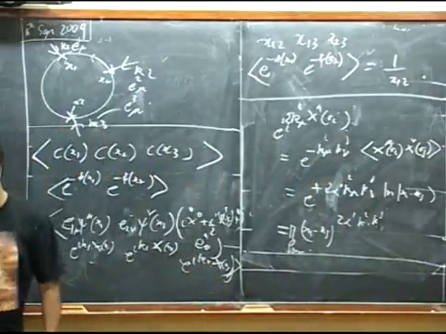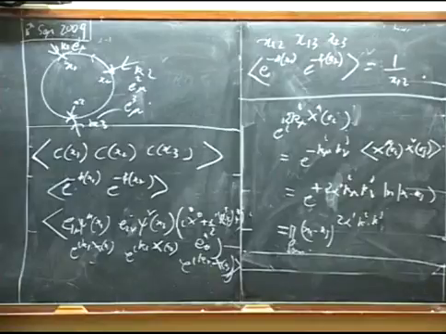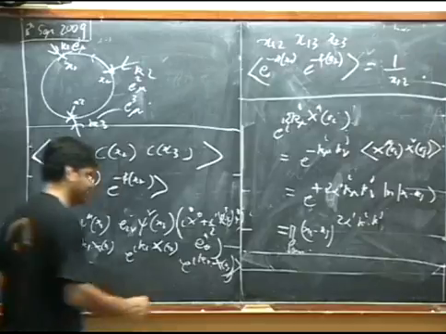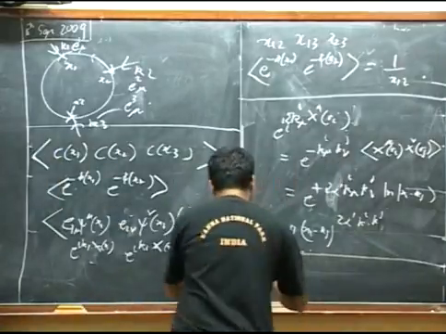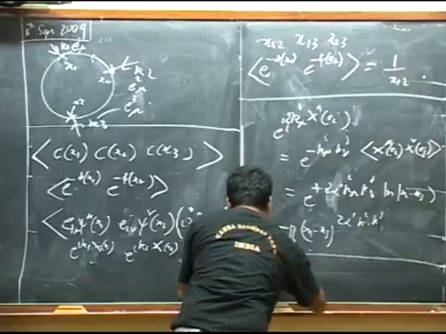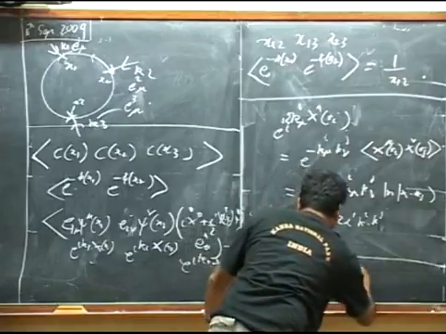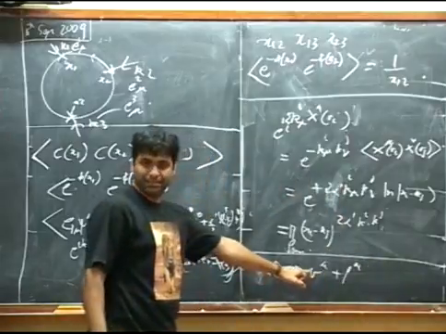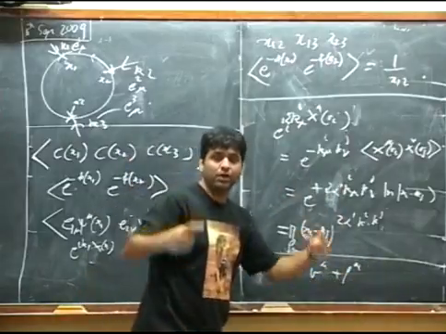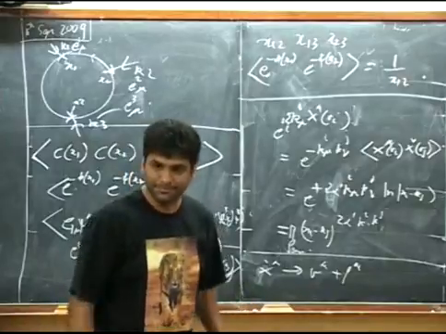Our rule was that this x mu dot is to be replaced by V mu plus Q mu. V mu was a classical piece, Q mu was an oscillator which contracts according to Wick's theorem.